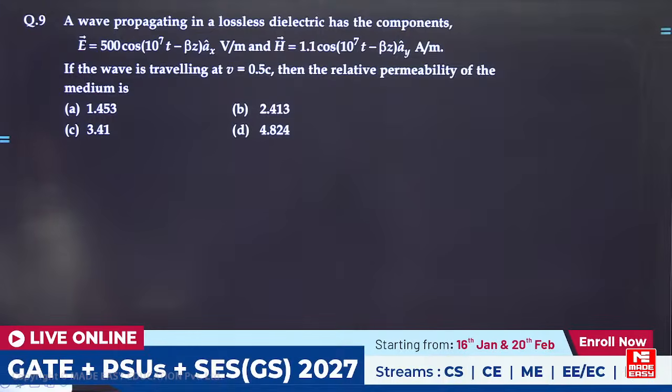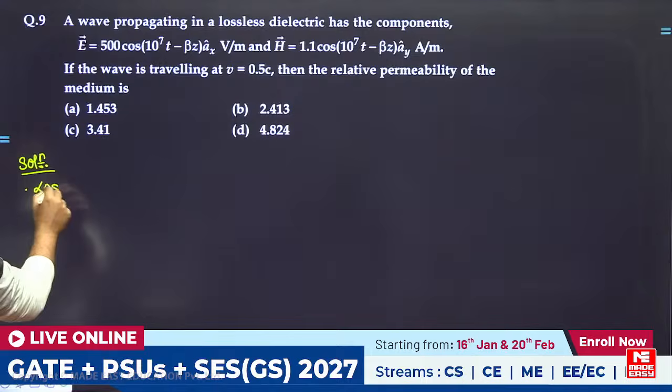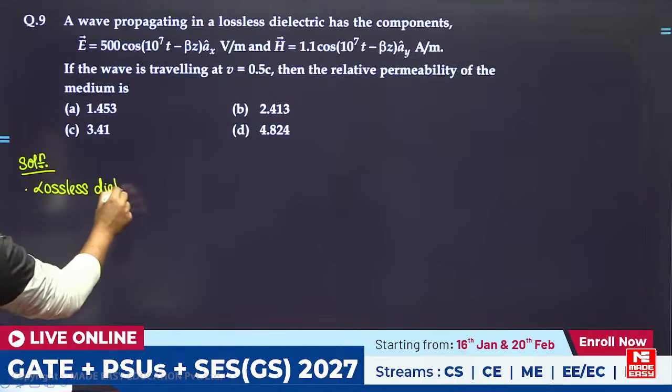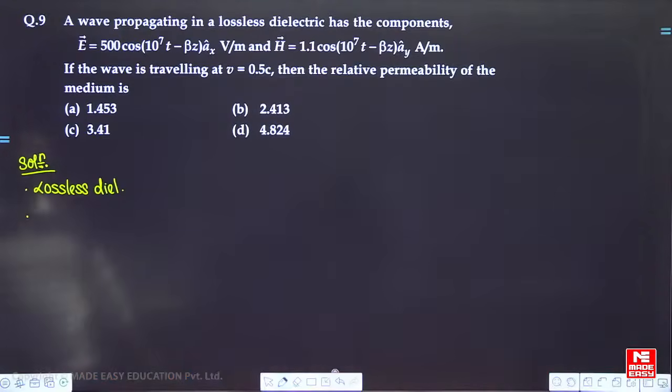Okay, now let us solve this question. Question number 9. A wave propagating in a lossless dielectric, right. The medium is lossless. It has the electric field component, correct. So the electric field and magnetic field both are given.